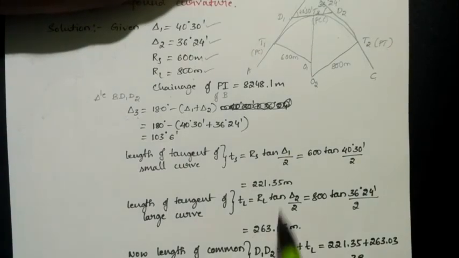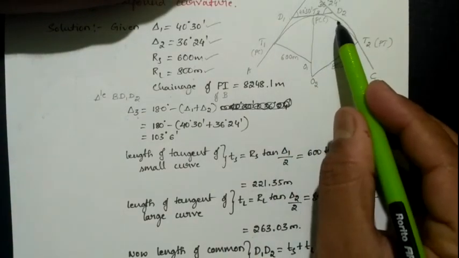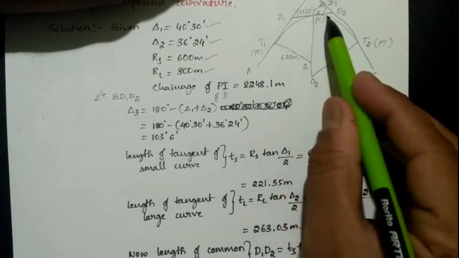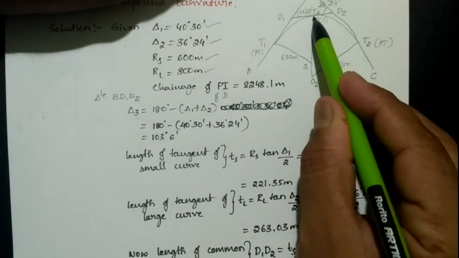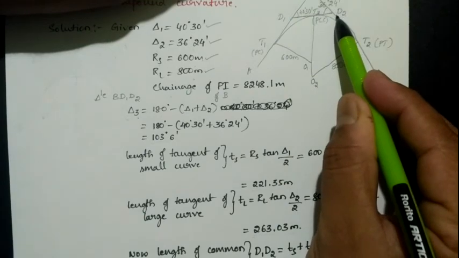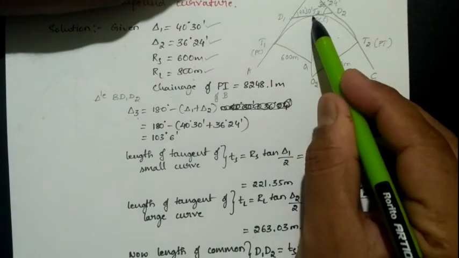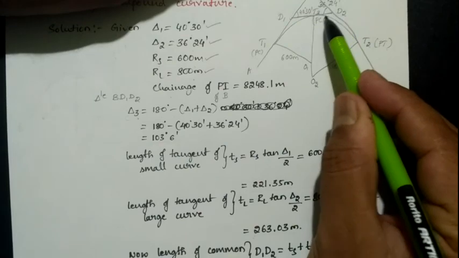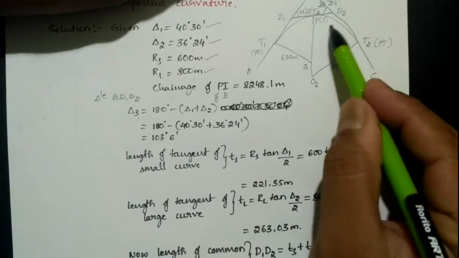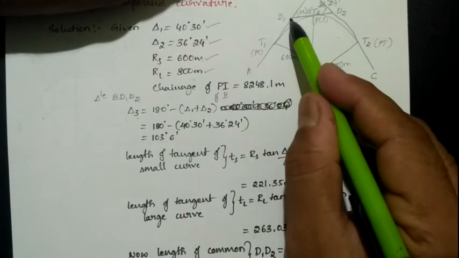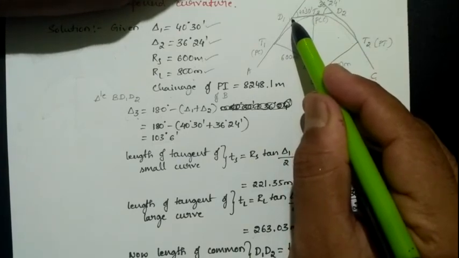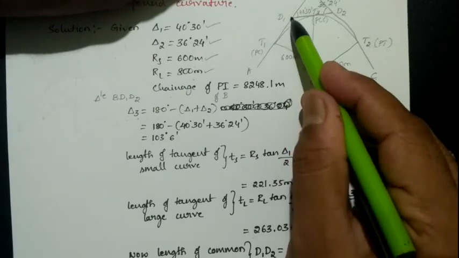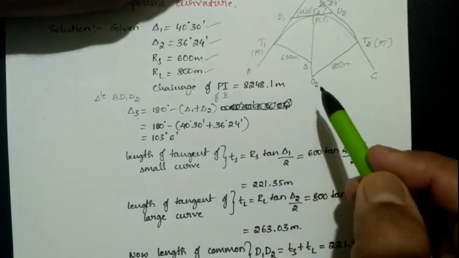The D1D2 common tangent is having two parts, that is D1T3 and T3D2. So this D1T3 is nothing but the tangent of the smaller radius curve. T3D2 is the tangent of the second curve. From the simple circular curve concept, we know that back tangent and forward tangent will be having same length.